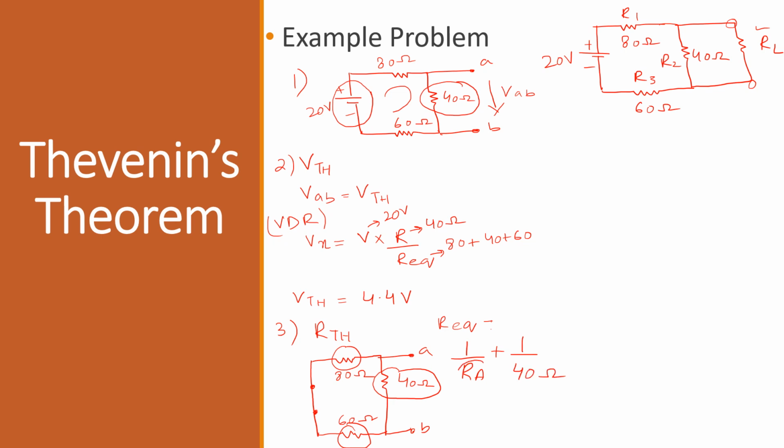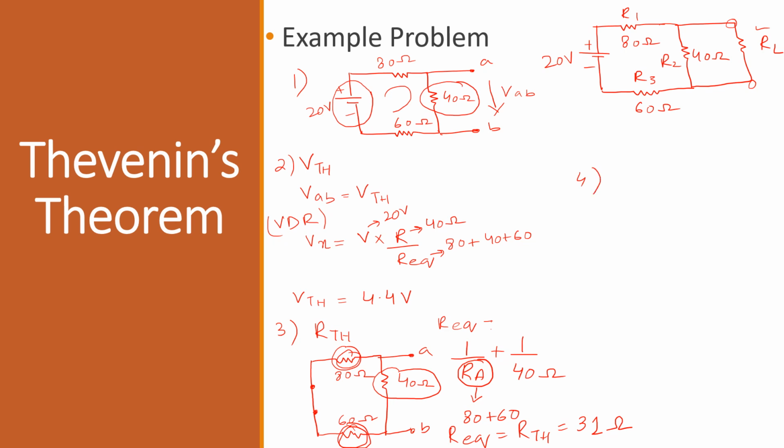Now this RA is the equivalent resistance of these two resistors that are connected in series with each other. So this RA will be 80 plus 60. After solving this, you will get the value of R equivalent, which is equal to RTH, and it is 31 ohms.